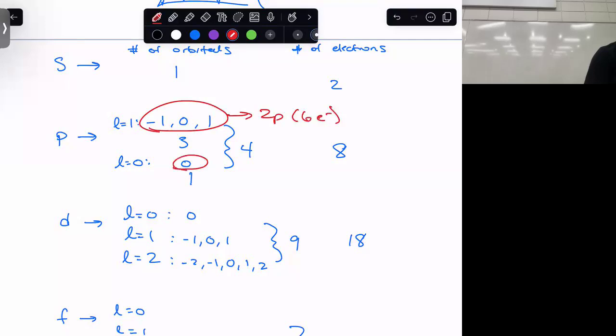And it'll contain this guy here, which is 2s, which contains 2 electrons, for a total of 8. Yep. Later on, when you get into higher energy levels, it might be the 4p or the 4s, right? But we'll just call that for now the first time you see the p orbital in the second energy level.